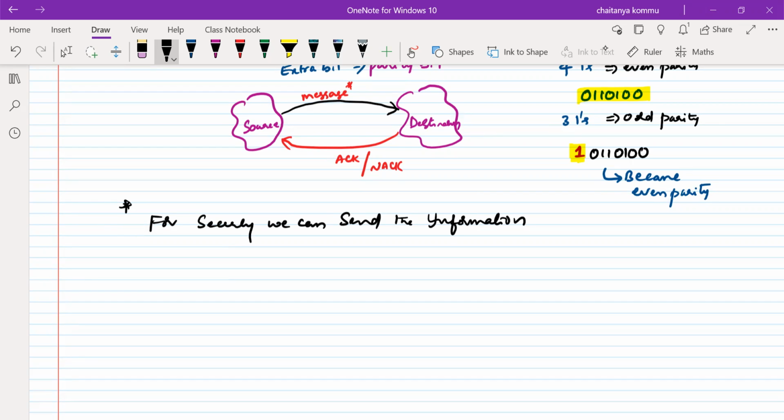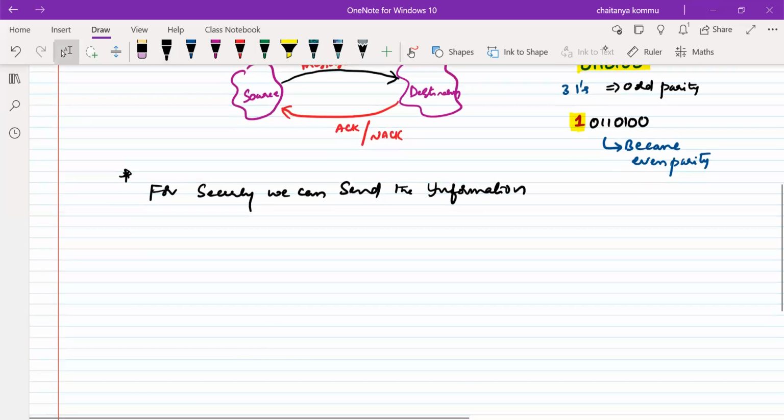Instead, another approach is there. We have to create a code, where whatever the message is, it must be represented in the form of a code by adding this parity information. That code is called the Hamming code.